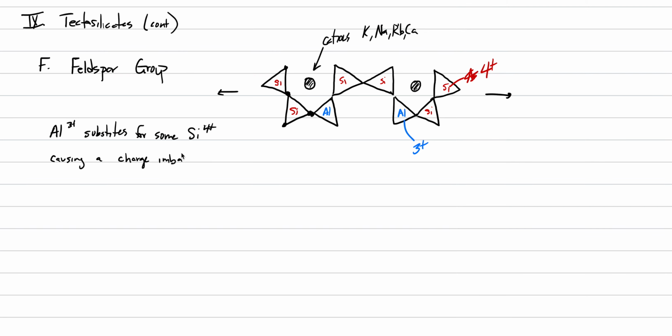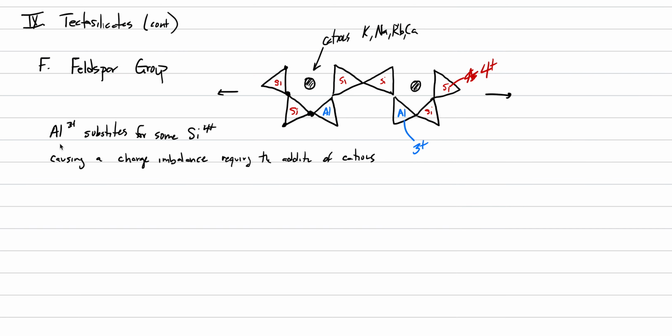There's too many negatives now to go around. And so it requires the addition of cations. These cations get substituted in because we've substituted these others.